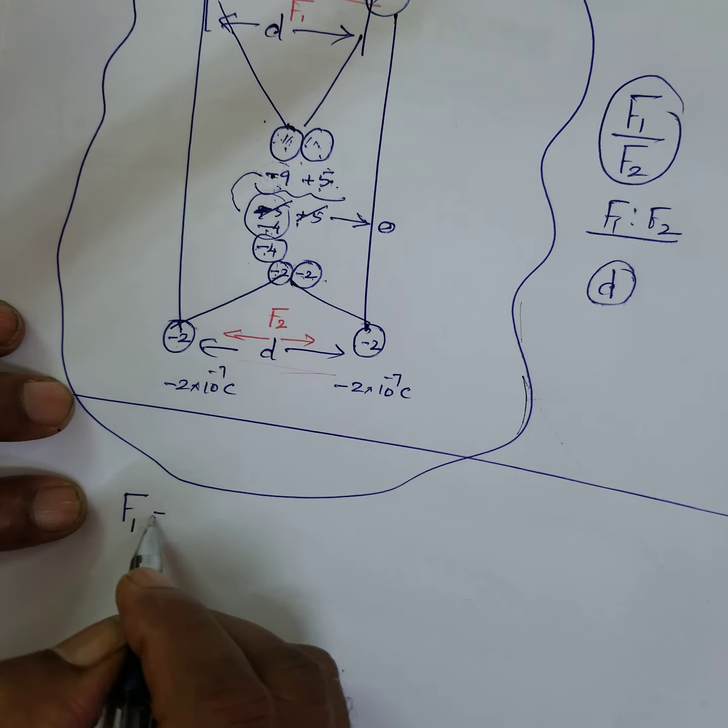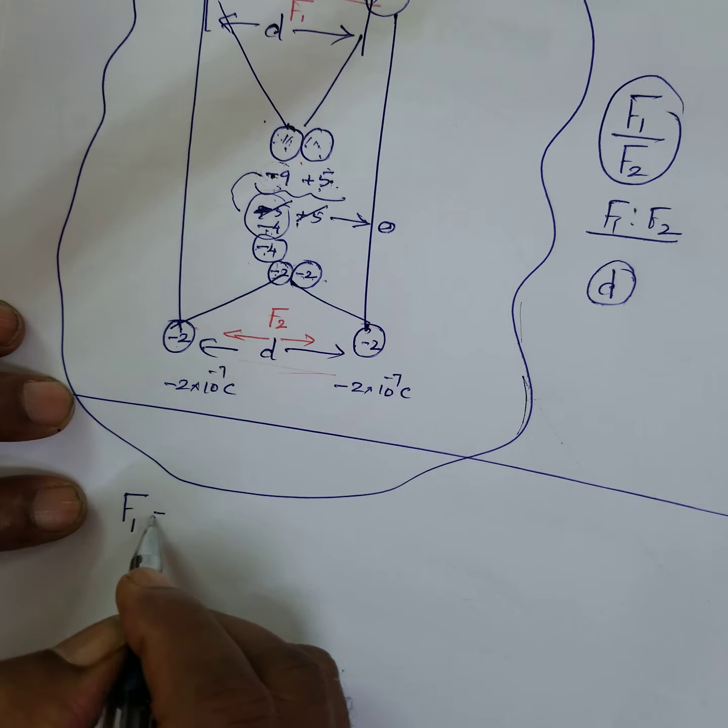When I ask you to compare, F1 by F2, is equal to K Q1 Q2 by D square over K Q1 dash Q2 dash by D square. K gets cancelled, D square cancels. We get Q1 Q2 divided by Q1 dash Q2 dash. Q1 is minus 9, the powers of 10 go off, with plus 5 in the first case.